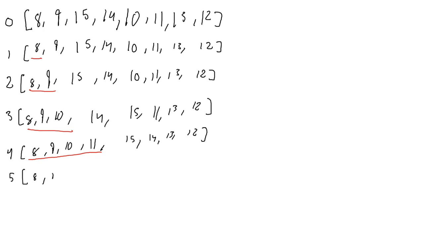I know this is repetitive at this point, but we'll go ahead and finish it. So of course, 12 is the lowest value. Oops, my bad. I meant to switch 15 with 12, and then the remaining elements stay the same.